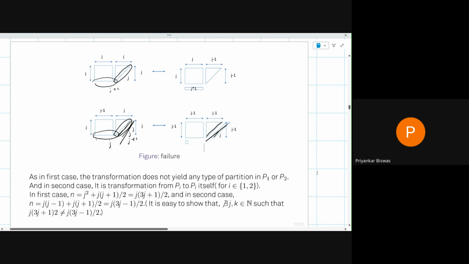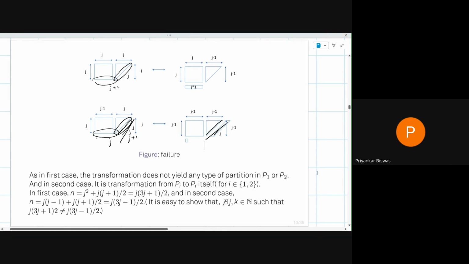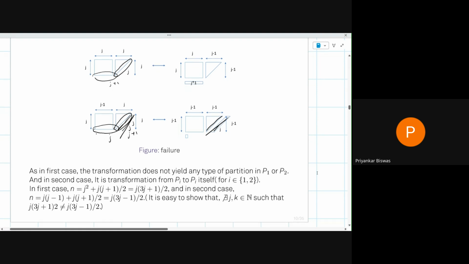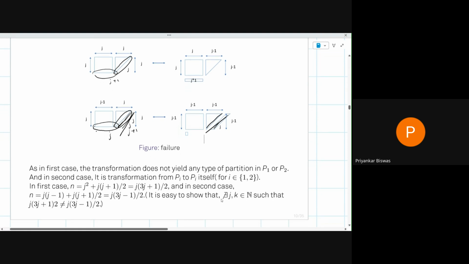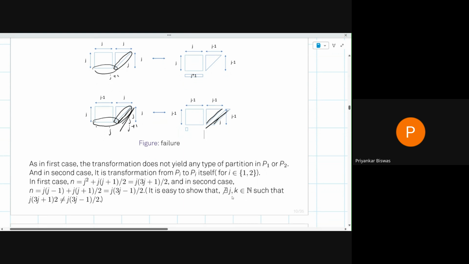Test different types of cases and check why these are the only two cases. It is easy to see that the set of all J into 3J plus 1 by 2 and J into 3J minus 1 by 2, where J belongs to the natural numbers, does not have any intersection. There should be k. I have written it wrong.